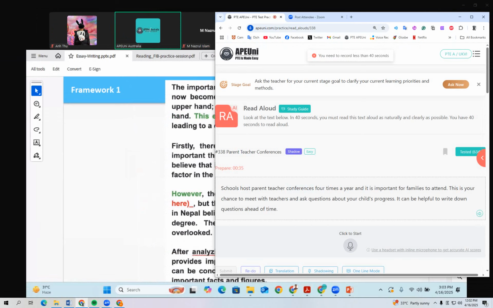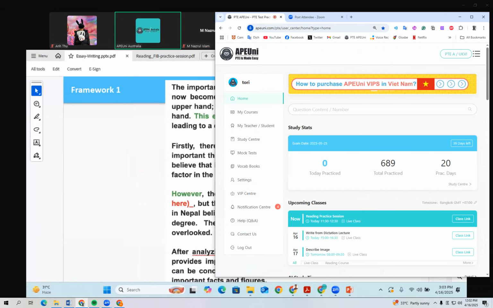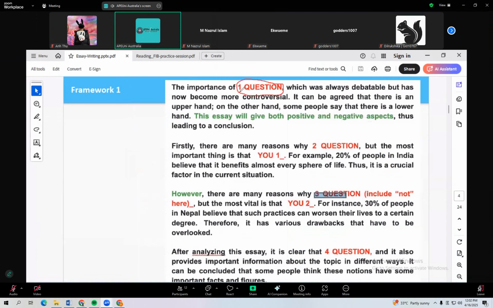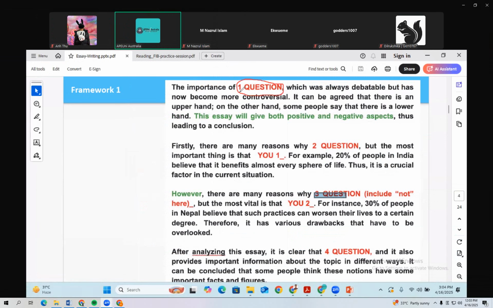So the question was traffic jam. Okay, not traffic jam. Public transportation, right? So public transportation should be free for all. What do you think? So what is the main part here? Can anybody tell me?